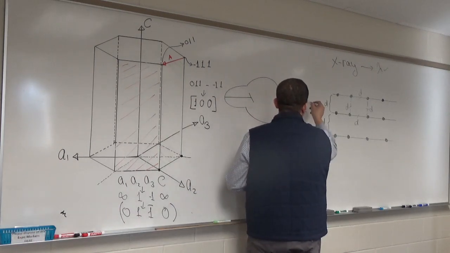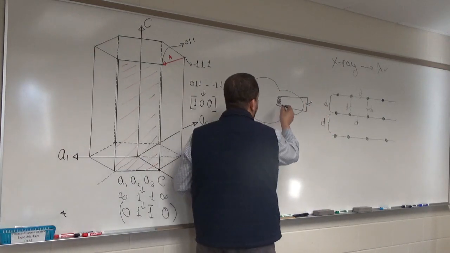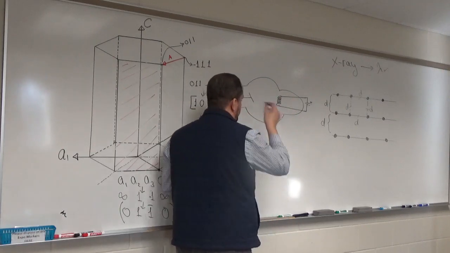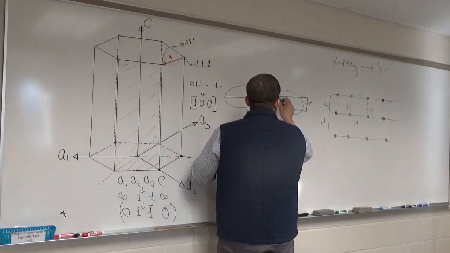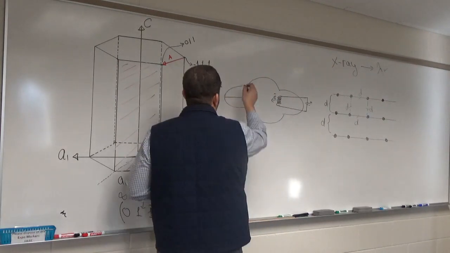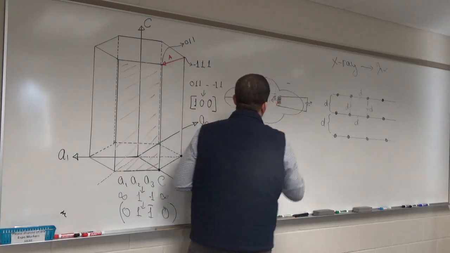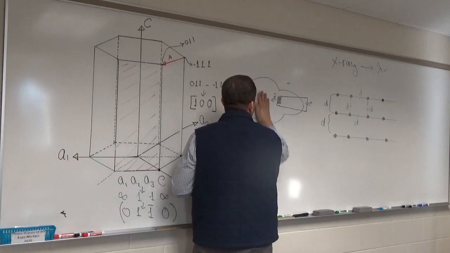So maybe here we can have some kind of voltage that can heat up this tungsten coil, so that it can produce some electrons. The electrons can be produced, but they don't have enough energy to jump over this gap.